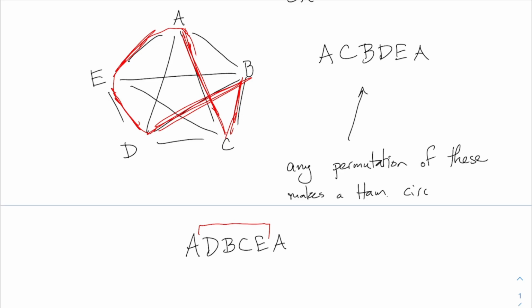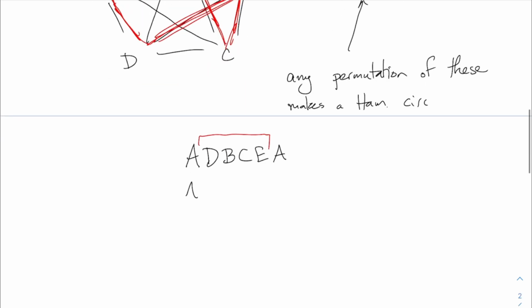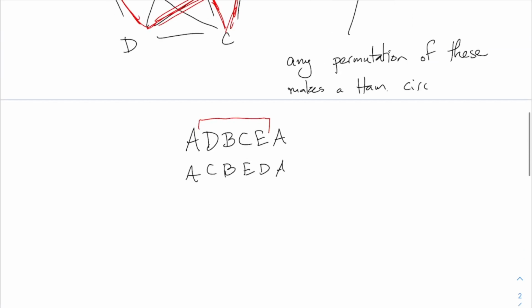It could be like A, C, B, E, D, A, whatever. There are many, many ways that you could rearrange them. So any permutation of the B, C, D, E gives another Hamilton circuit.